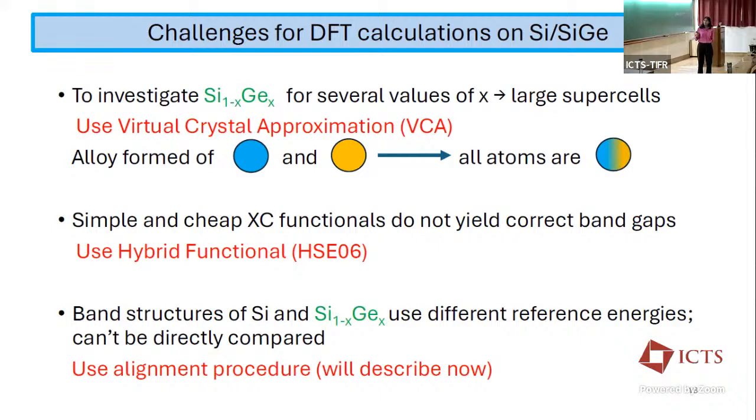Then, to address the problem of exchange correlation functionals, we use hybrid functional calculations, which are expensive but very accurate. And the band structures cannot be compared directly, so we need a certain procedure, which I'll now describe, to find the band alignment.